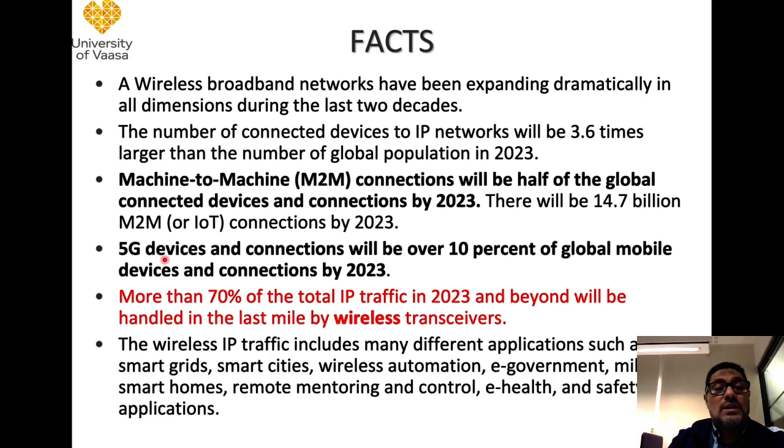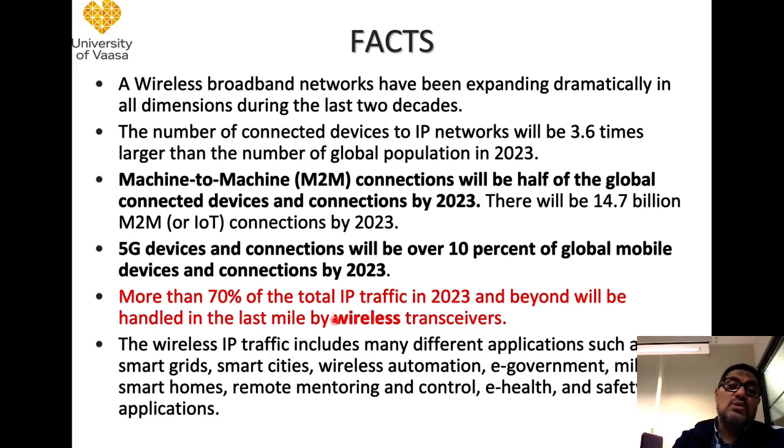5G devices or network will be the platform for about 10% of the global mobile devices by 2023. More than 70% of the total IP traffic in 2023 and beyond will be handled in the last mile by wireless transceivers.